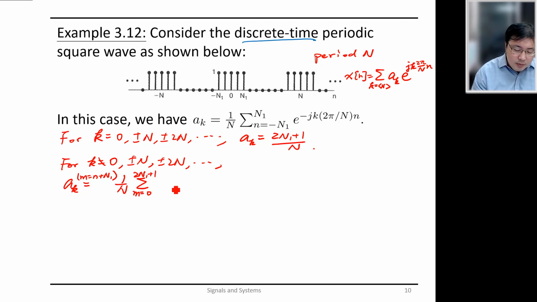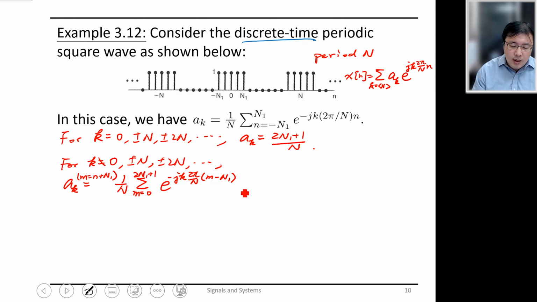And then inside, I have this e to the minus jk 2 pi over capital N, and now this n becomes m minus capital N1. Now I can bring this N1 outside, because it has nothing to do with the summation over m.